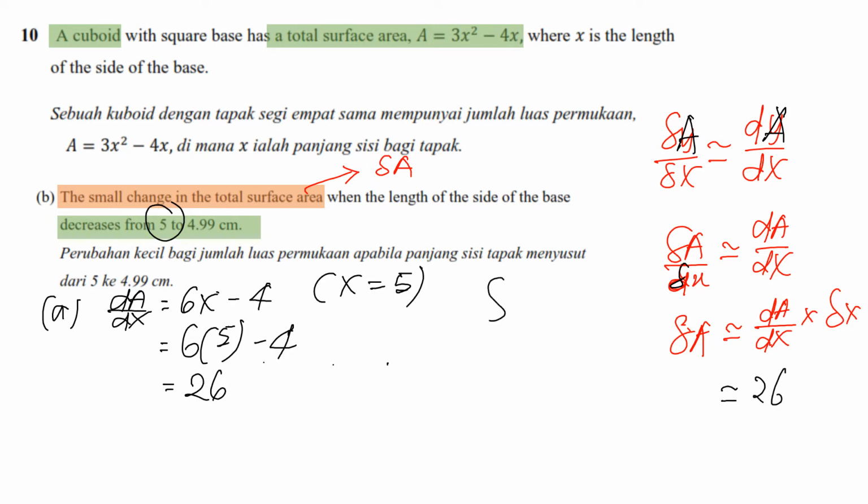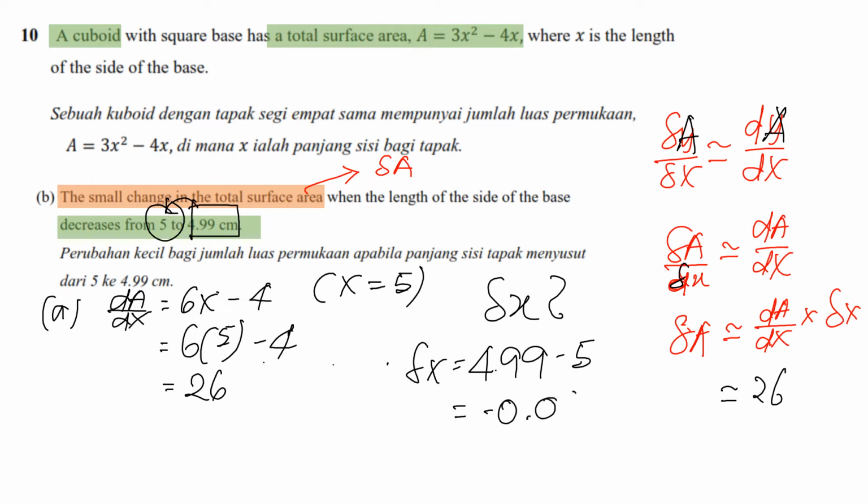Now, what is the value of del x? How do you get the value of del x? Yes, very good. For the current value, you minus the initial. So del x is equal to 4.99 minus 5. Yes, you get negative 0.01.